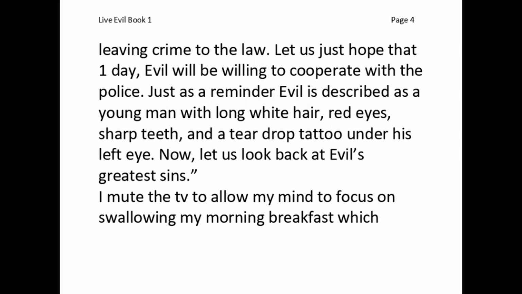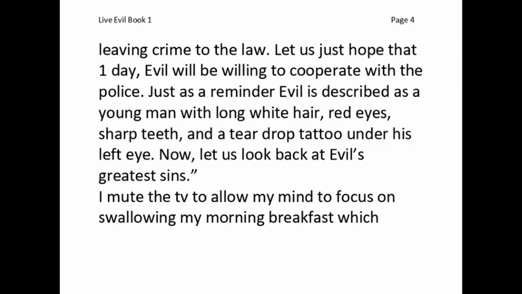Let us just hope that one day, Evil will be willing to cooperate with the police. Just as a reminder, Evil is described as a young man with long white hair, red eyes, sharp teeth, and a teardrop tattoo under his left eye. Now, let us look back at Evil's greatest sins.